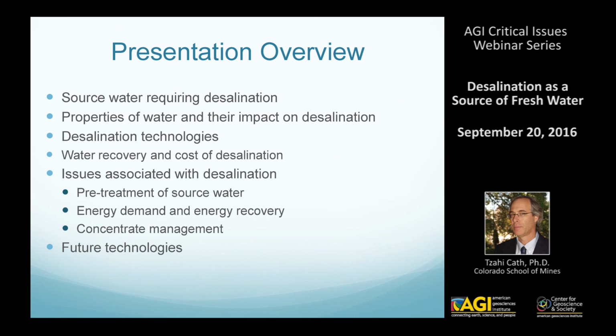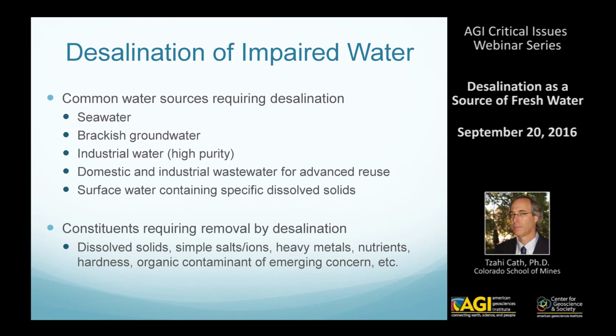maybe future technologies. So you might all know that we're using desalination for seawater and for brackish groundwater, but we're using desalination for much more than that. A few examples are industrial water, mainly on the high purity side.